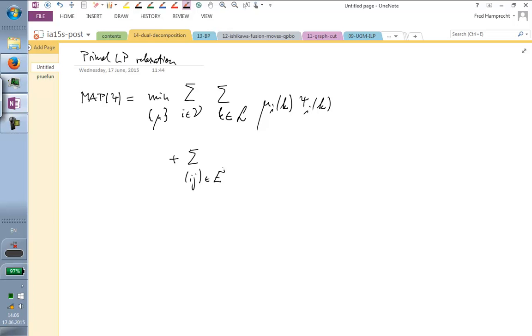We sum over all pairs ij from the edge set E, and over all states k and l that these two random variables can take. And now we need a couple of constraints. We had introduced indicator variables for the unary factors and for the pairwise factors, and now we have to make sure that the two agree.